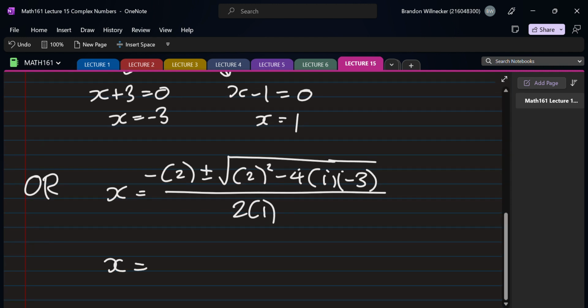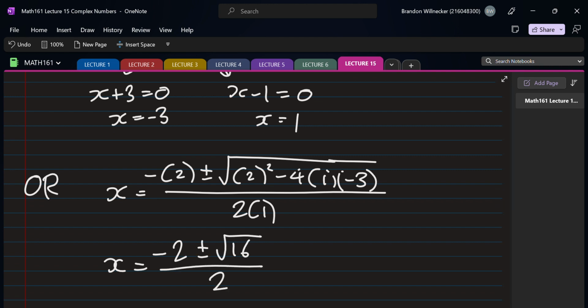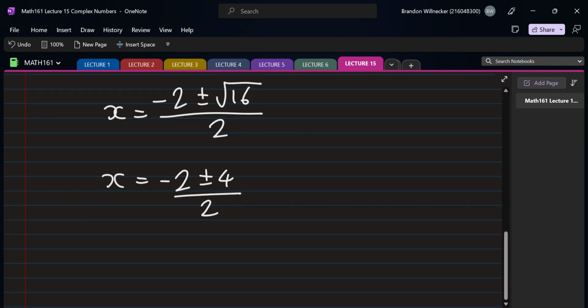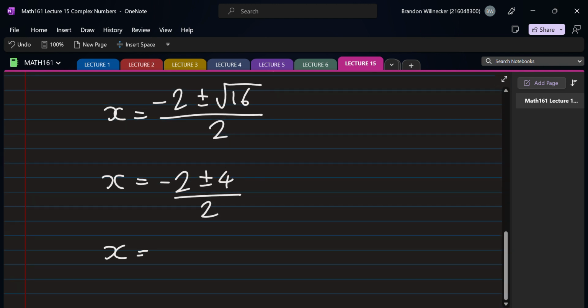So this is going to be x equals minus 2 plus or minus root 16, all over 2. We can further simplify this: x is equal to minus 2 plus or minus root 16, that's 4, over 2. And finally, dividing by 2, we get minus 1 plus or minus 2.